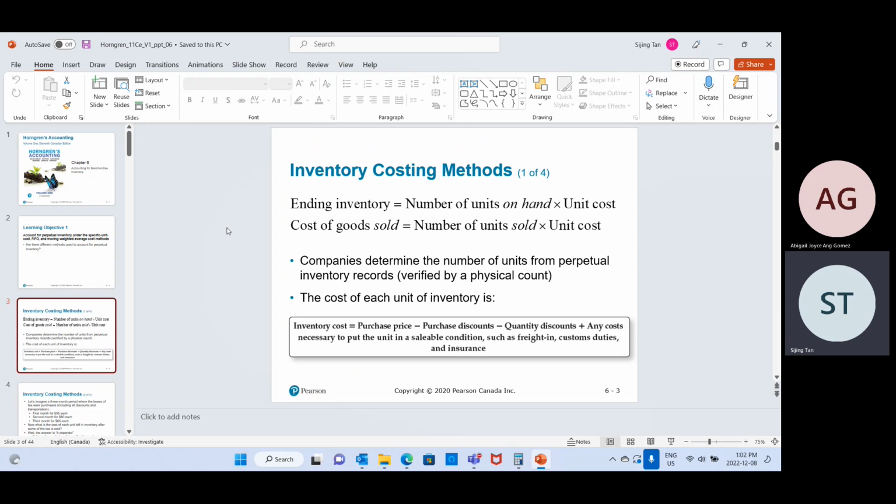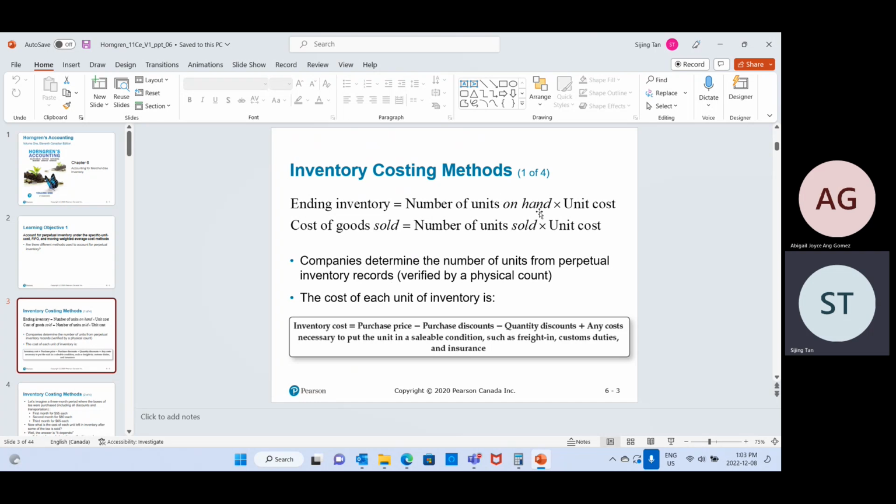The quantity and cost of the inventory on hand can be determined. And the account cost of goods sold is debited when inventory is sold, and therefore is shown as one amount on the income statement.